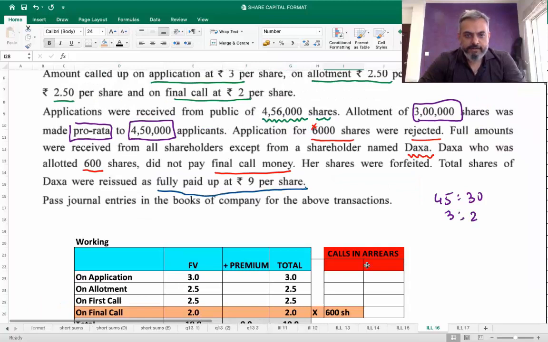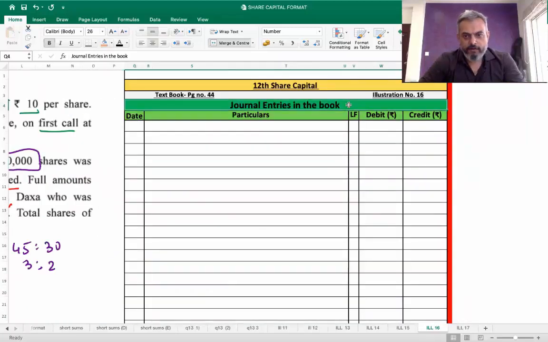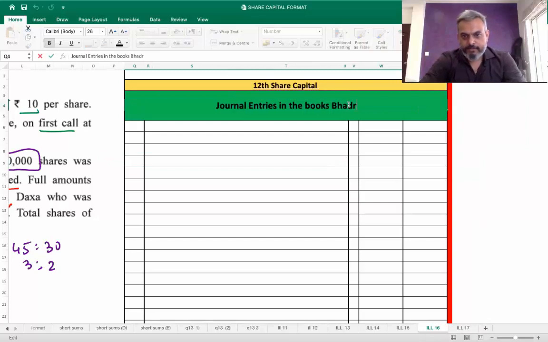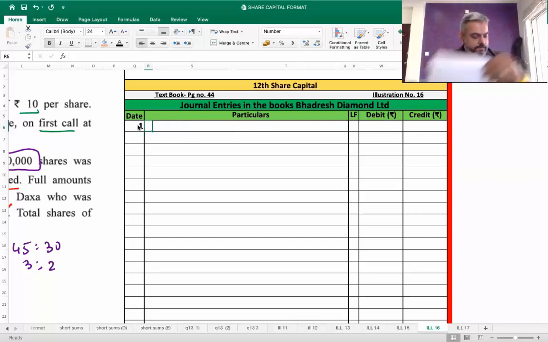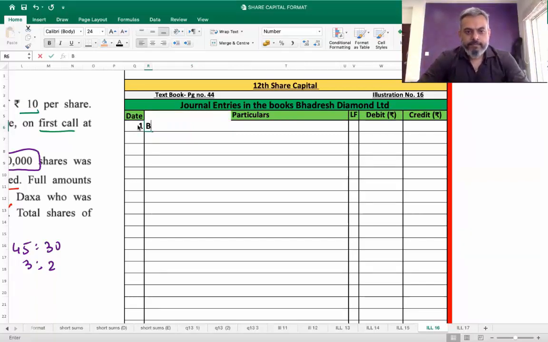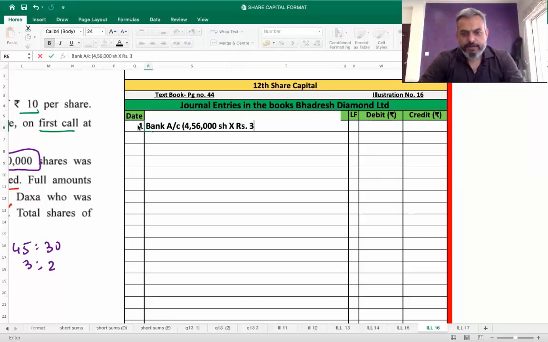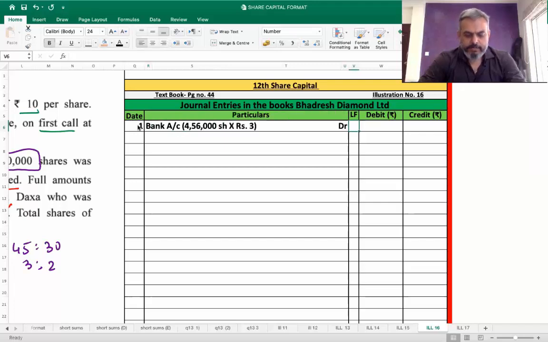Okay, now let's start the sum. Write the heading in the books of Bhadresh Diamond Limited. Diamond, so it is Surat. Okay, so Bhadresh Diamond Limited of Surat. Now, first, bank account debit, 4,56,000 shares into rupees 3 per share, 13,68,000.